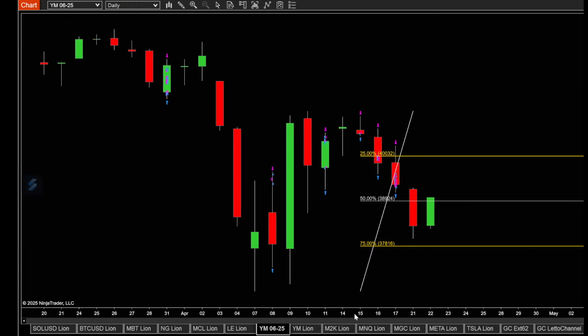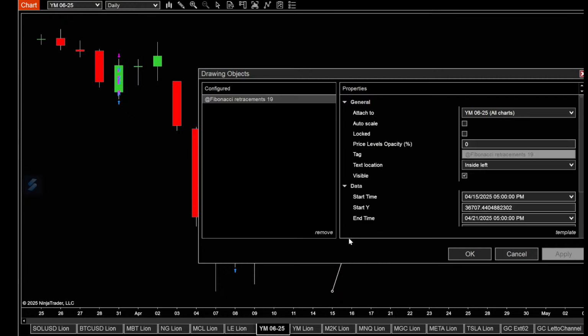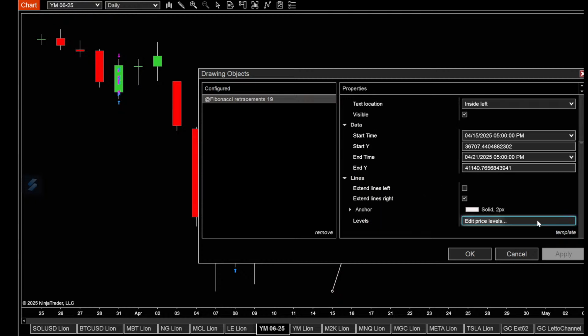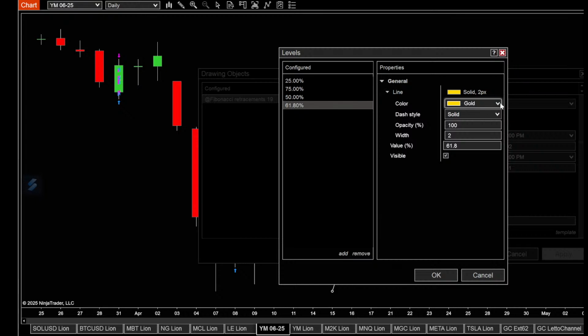I mean, it did its, I wonder if that's a 61% retracement. Could the markets be that technical? Let's see here. Let me add a level. Let's add 61.8, not 68.1. Let's make this a pretty deep pink color.